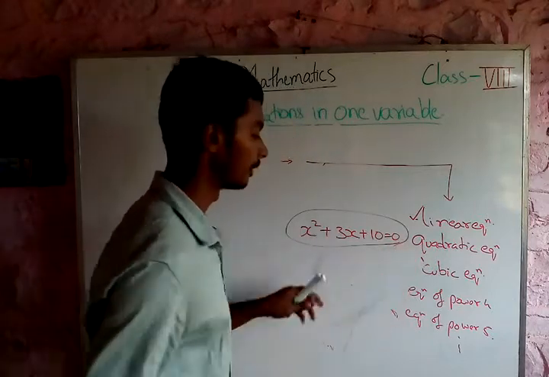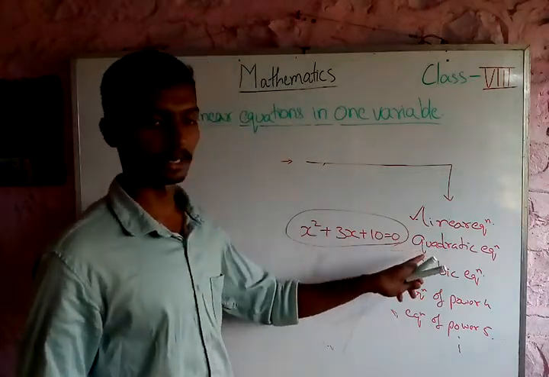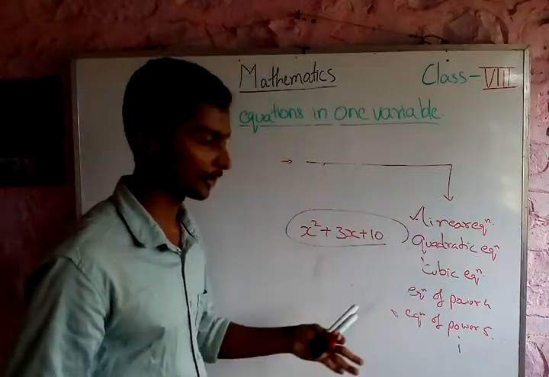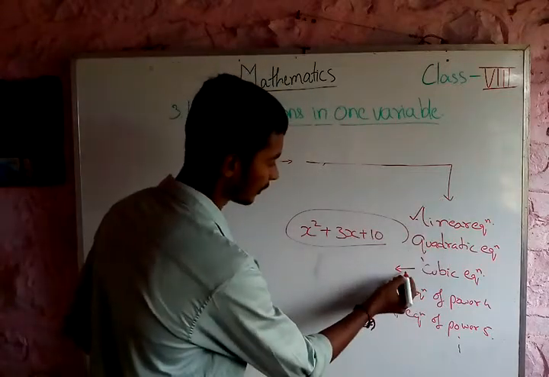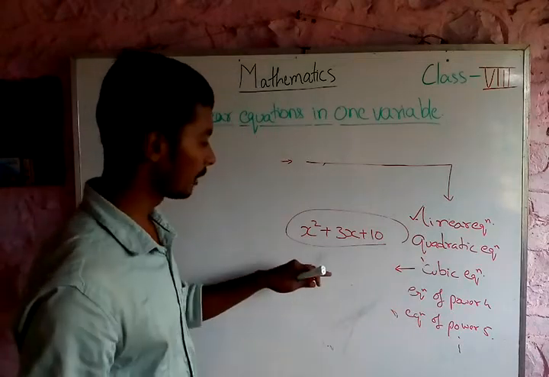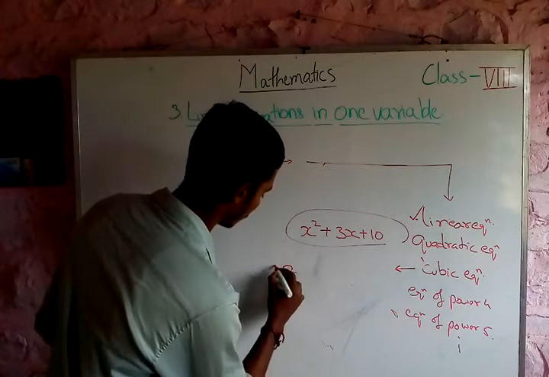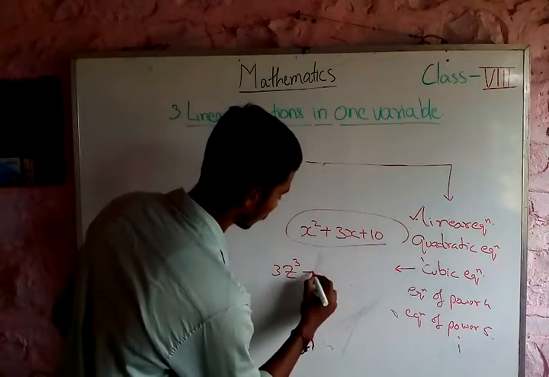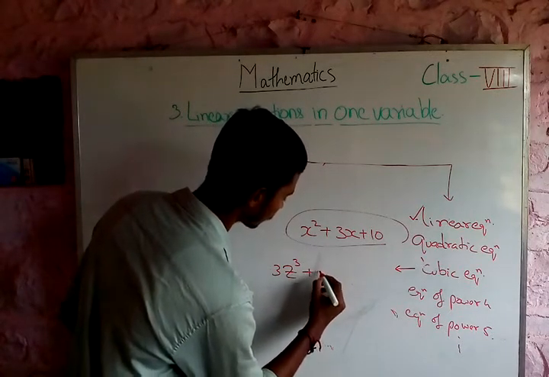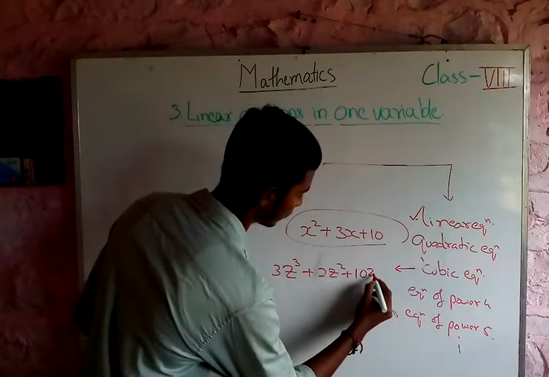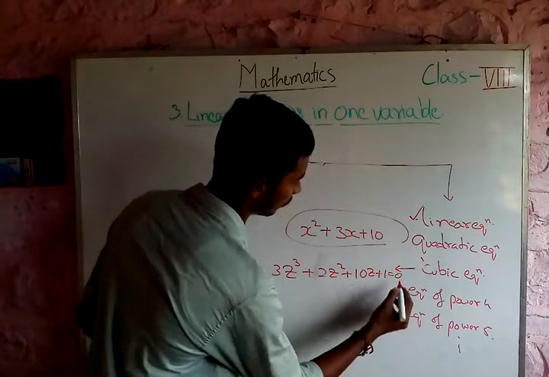This kind of equation is called a quadratic equation. If there is no equal to, then this is an expression. Okay, and cubic means the maximum power will be 3, that is 3z cube plus 2z square plus 10z plus 1 is equal to 0.